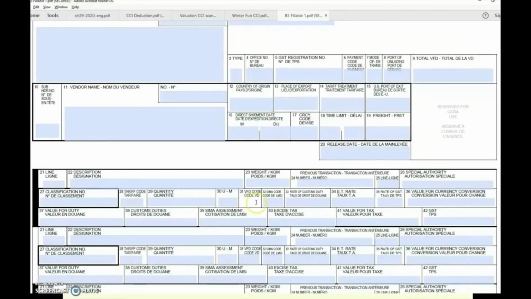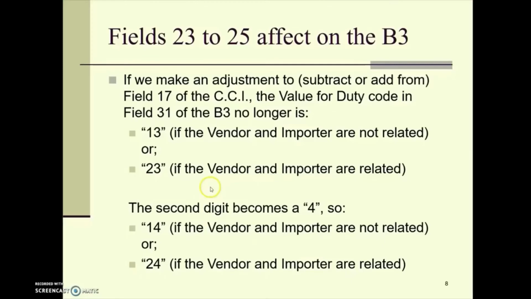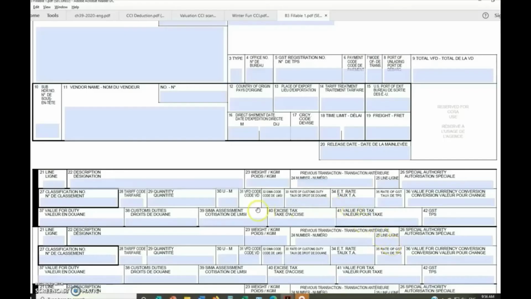If we make an adjustment to field 17 of the Canada Customs invoice, which is going to change the value for currency conversion, then the number can no longer be 13 or 23. The second digit becomes a 4. So the number would be 14 if they're not related, or 24 if they are related.